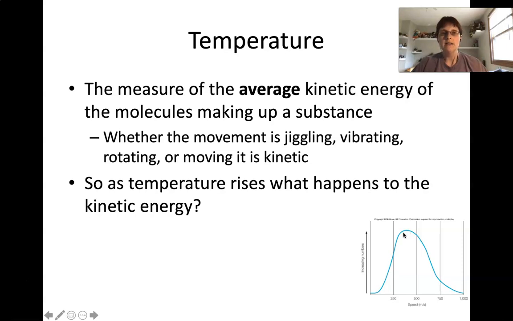As the temperature goes up in a material, like my water bottle, this hump right here is going to shift because more and more of those molecules are going to start jiggling and vibrating and rotating as there's more energy available for them to do that.